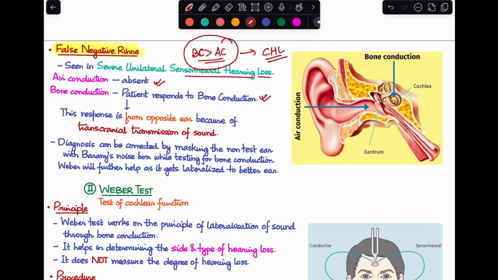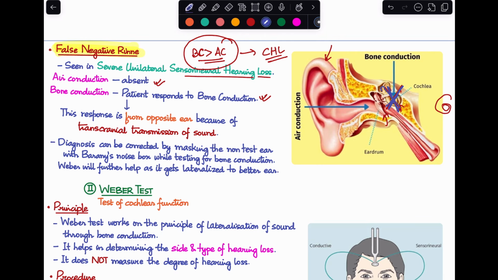So, in a case of severe unilateral sensory neural hearing loss, let's look at the image over here. This is our external auditory canal, this is our tympanic membrane, and this is our cochlea on one side. Let's imagine this is our cochlea of the other side. Now, we have a sensory neural hearing loss on this side. So, let's say that this cochlea is very badly damaged.